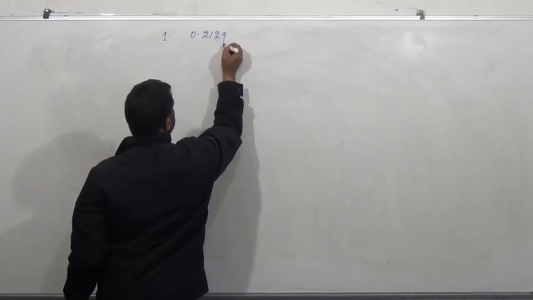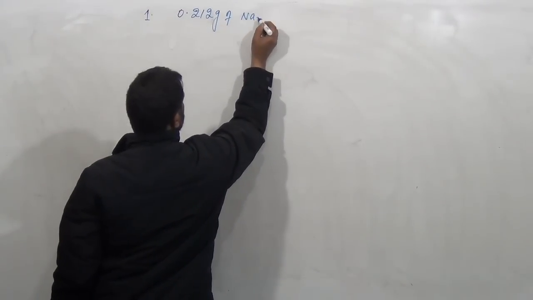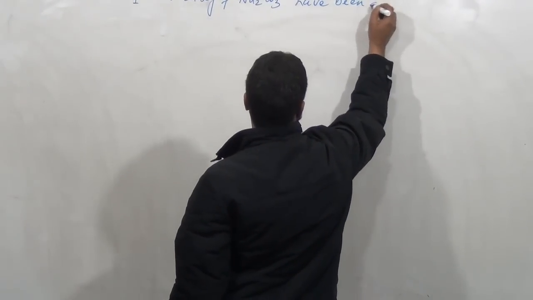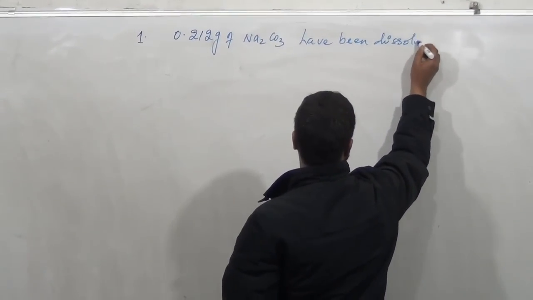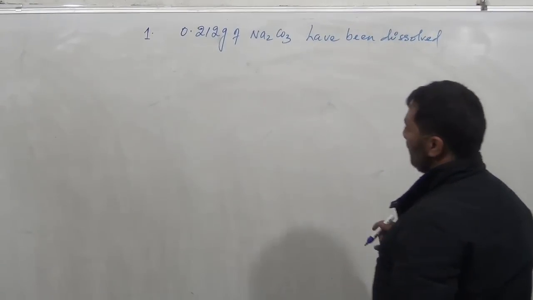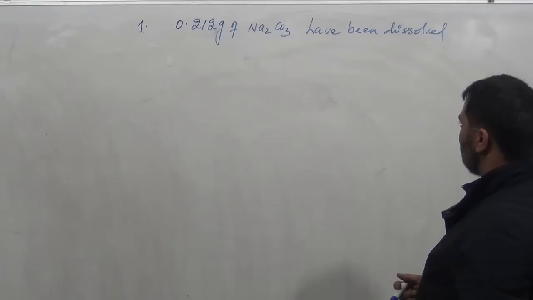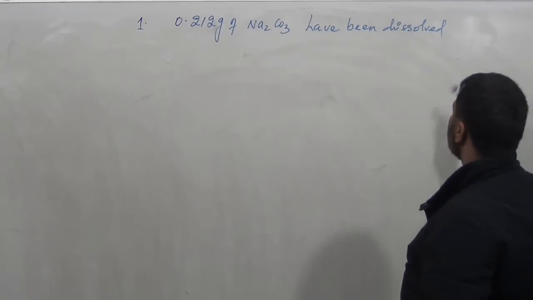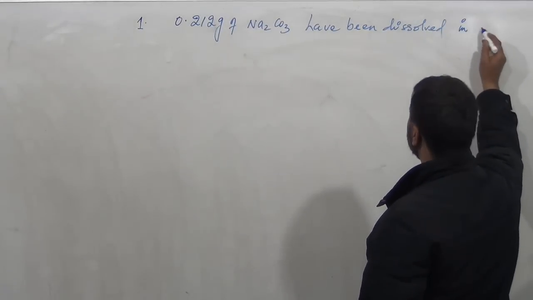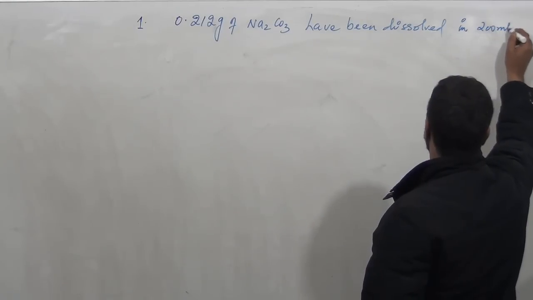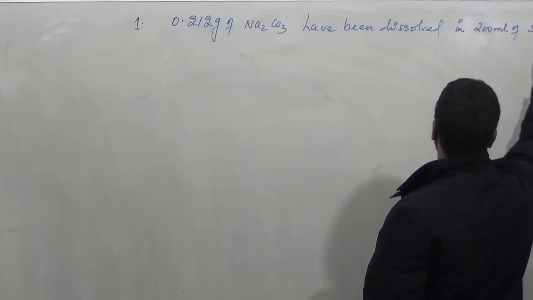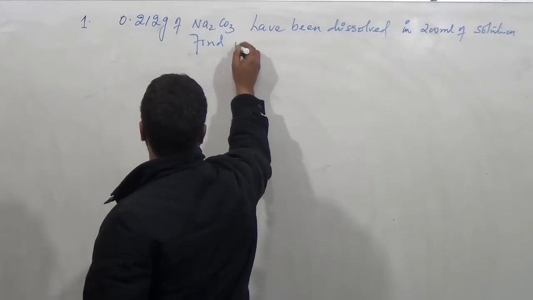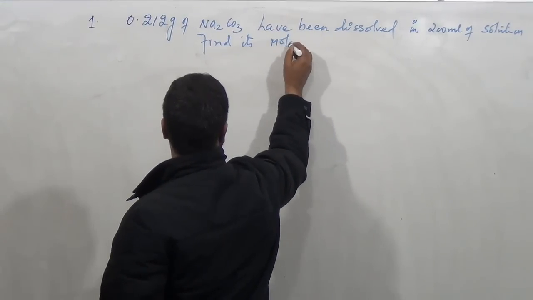0.212 grams of sodium carbonate have been dissolved in 200 ml of solution. Find its molarity.